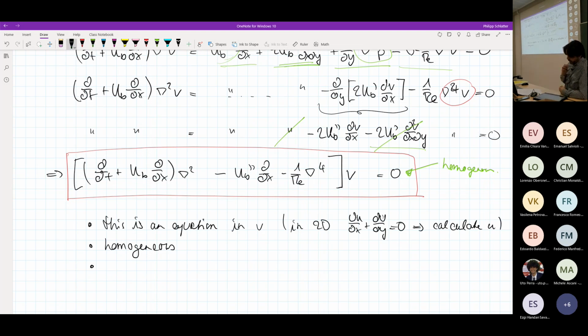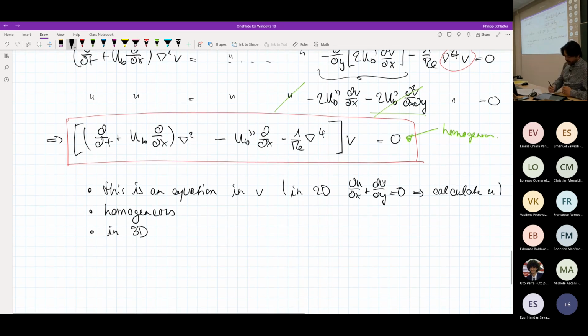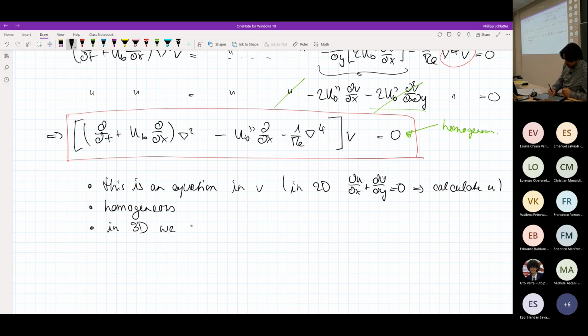The last observation that we can also make, that in 3D, of course, it's not so simple to just use the continuity equation to also get the w component. In 3D, we actually need a second equation.